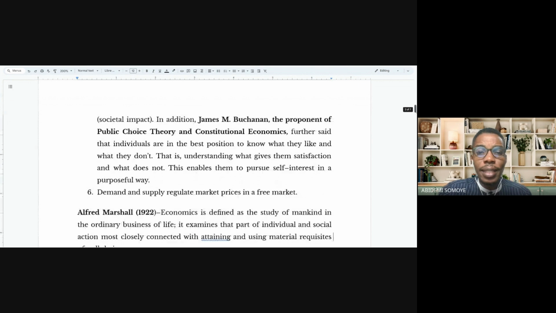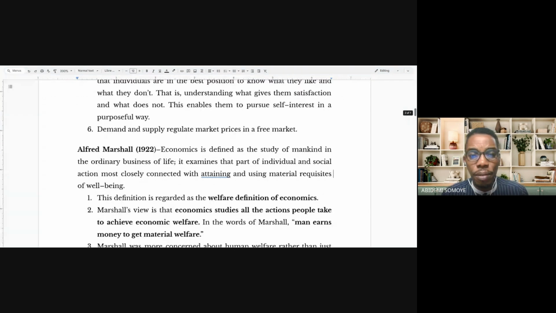Okay, so let's take a look at Alfred Marshall's definition. It says economics is defined as the study of mankind in the ordinary business of life. So it further says it examines the part of individual and social action most closely connected with attaining and using material requisites of well-being.